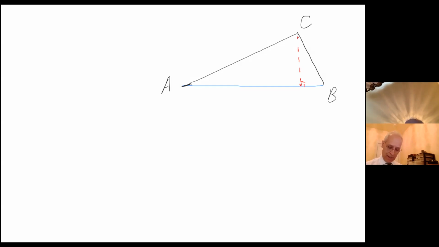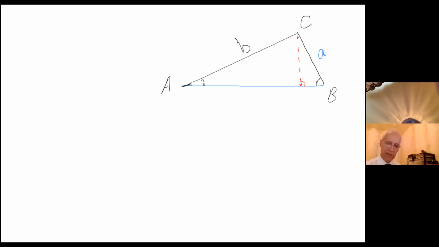Since I have angle A right here, let me call the side opposite it side a. I have angle B in here, so I'm going to call the side opposite it small b.